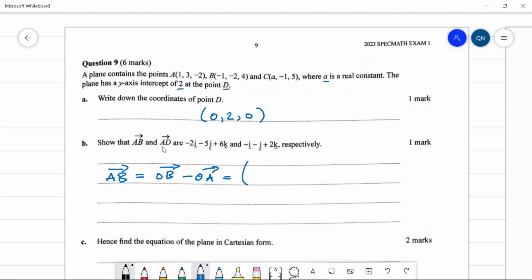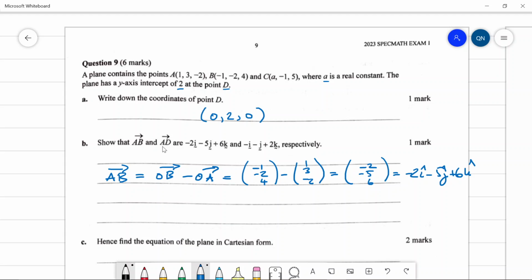So OB is -1, -2, 4, minus OA, which is 1, 3, -2. And that's going to be -2, then -5, and then 6. So if you want to write it out, it's 2i hats minus 5j hats plus 6k hats.